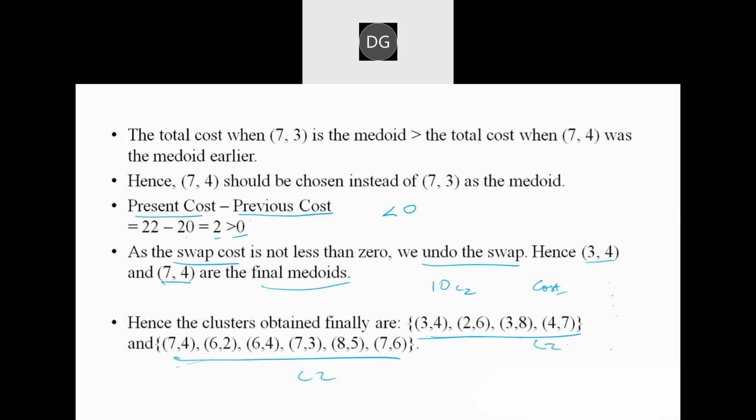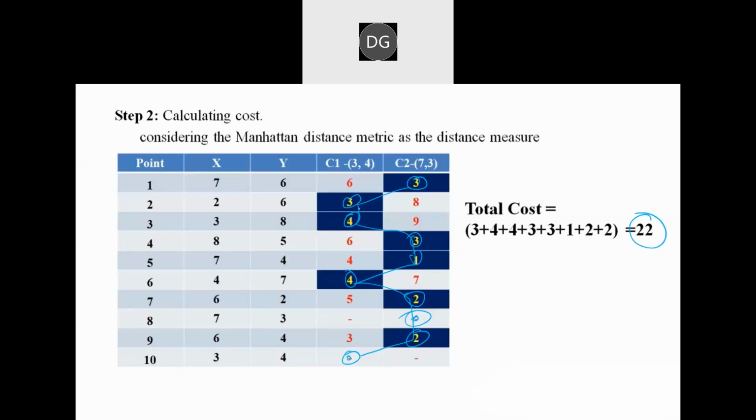Understood? This is how I have concluded. Here you can see whichever points I have taken as minimum value in C1, they all belong to the C1 cluster, and those I have taken from C2 belong to the C2 cluster. Like that I am able to segregate.